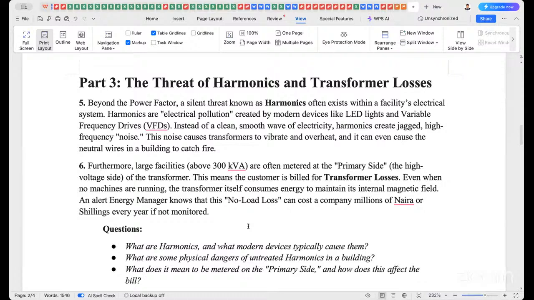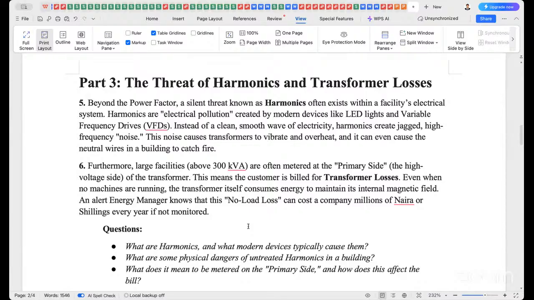We are energy managers. Someone comes to meet you and says, when I collect bills from all the meters and compare with what I have on my MD meter, the bill I receive is not matching.